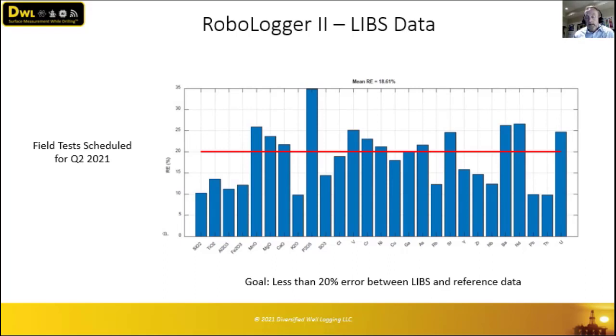We're then shooting for within 20% error compared to the reference standard ICP-MS. So far, all of the results have been very encouraging, with a mean error of approximately 18%.